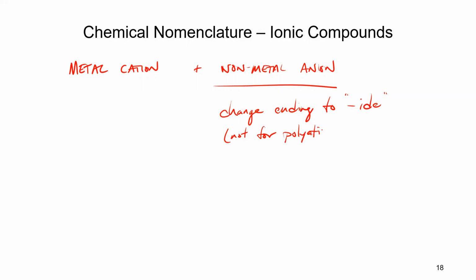For a polyatomic ion, we just use the name that's given. Okay. So like sulfates, we don't change that to sulfide. Sulfide's already something different. We leave it as sulfate. For the metal part, we do not change the name.